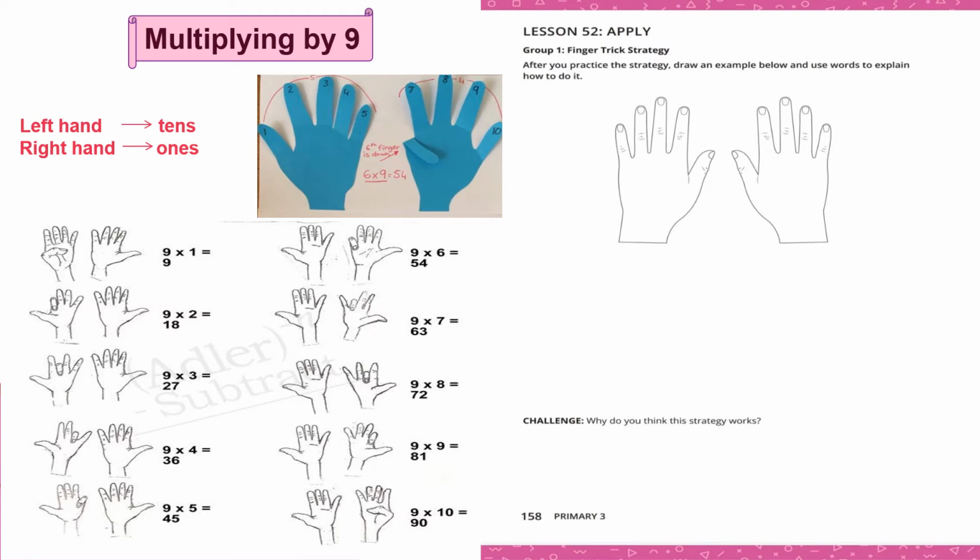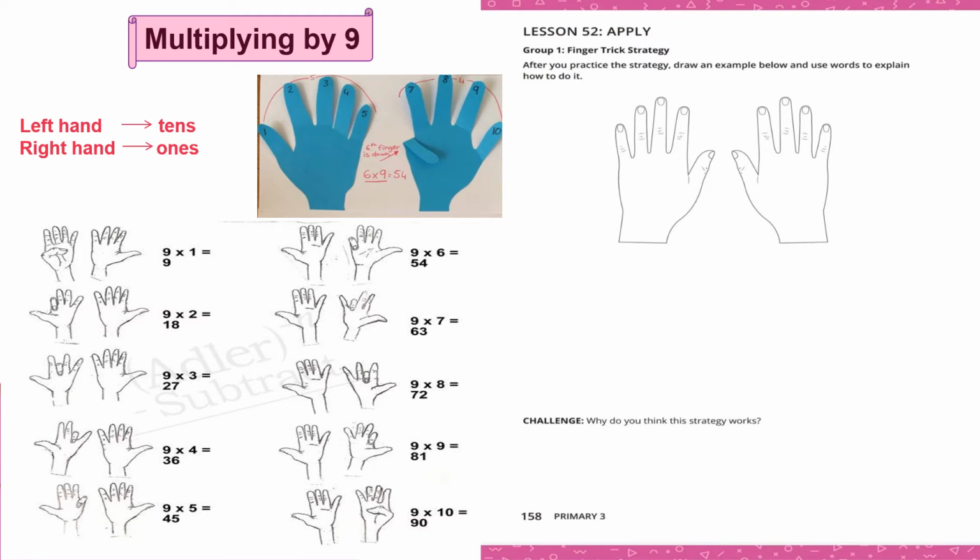And we said before, left side means tens home. And how many fingers on the right side? 8 fingers, yes. So it means 8 in ones. I have 1 in tens and 8 in ones. It's equal 18.